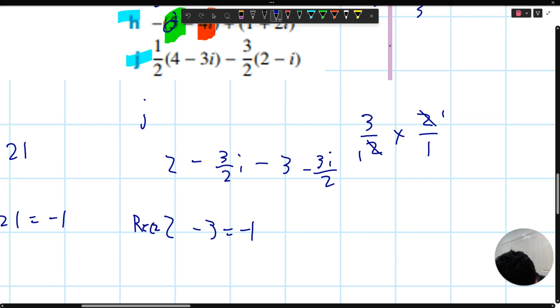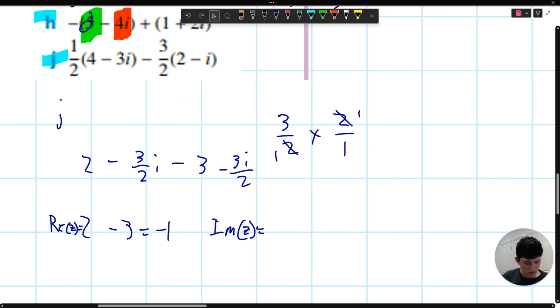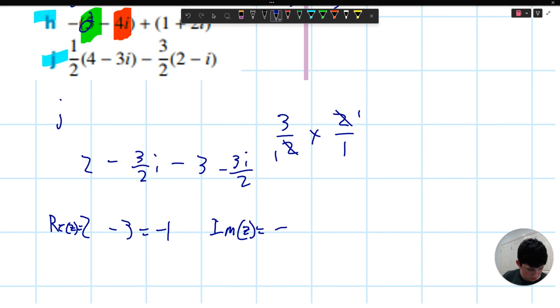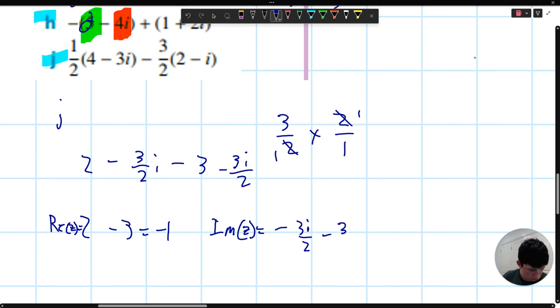You know what? Let's do that. I think that's actually how it's supposed to go. And then we can say the imaginary component of z is equal to negative 3i on 2 minus 3i on 2.